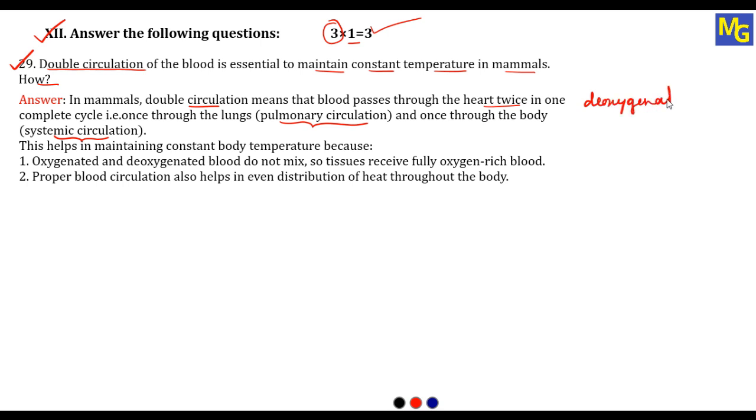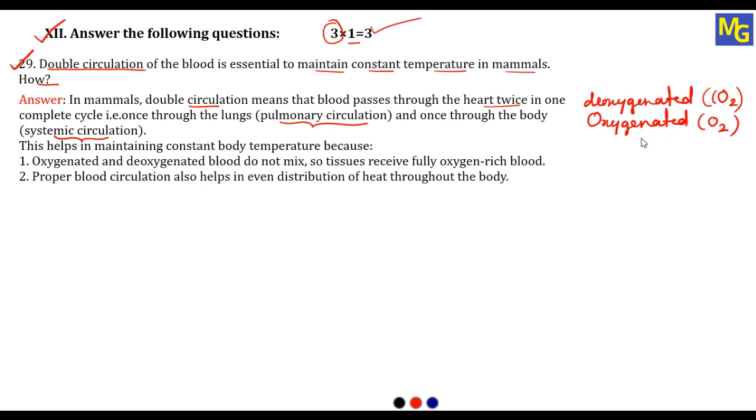Deoxygenated means which will be having CO2 in it, and it will be sent to the lungs for purification, and once it gets purified it becomes oxygenated and again comes to the heart. Oxygenated means the blood which has oxygen.